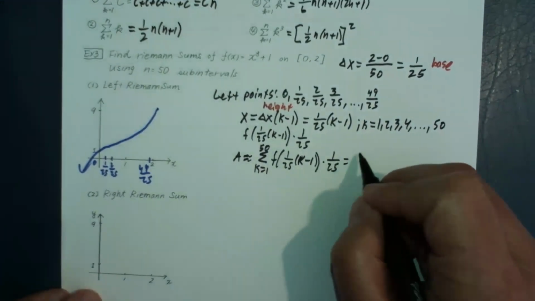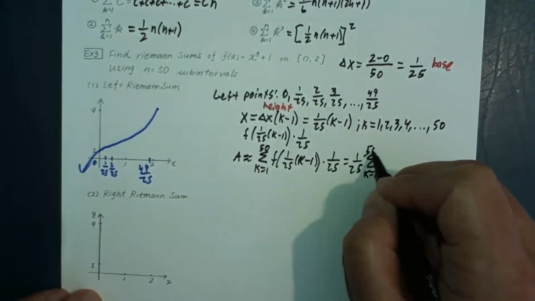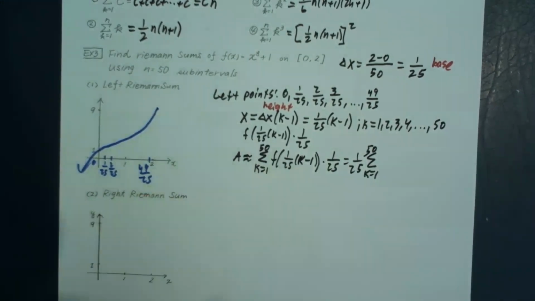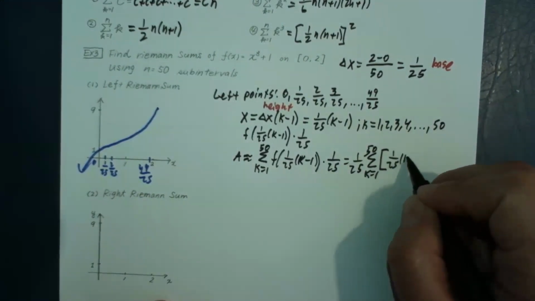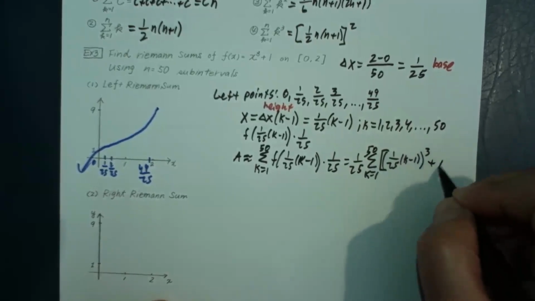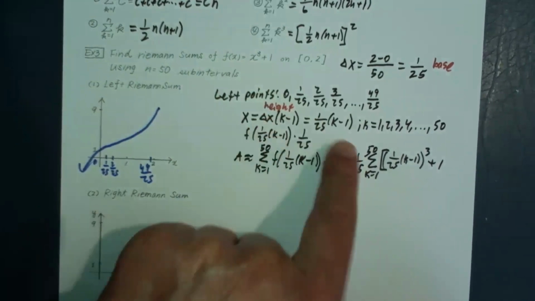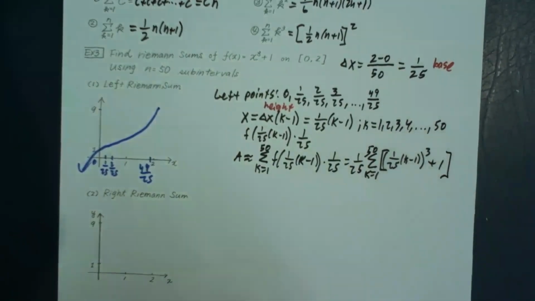So this becomes 1 over 25 times, now f of 1 over 25 times k minus 1, that is going to be here. That's our function. Remember, this is x. x is that. x cubed plus 1. All right.